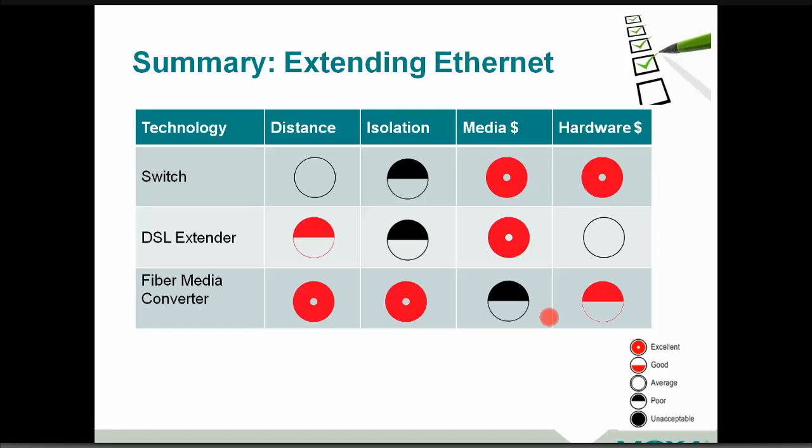We have media that's not quite as cheap as copper cable, so we have to worry about installing fiber optic cable and protecting it. That might mean burying it in a trench, and then of course the fiber optic media converters are in between the two technologies above here.